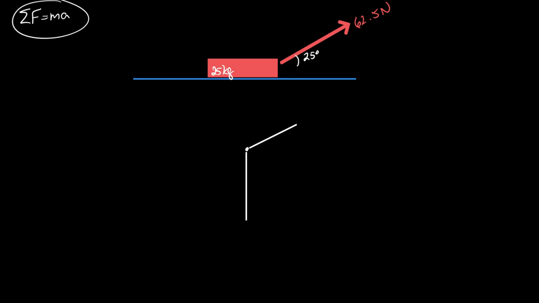So I'm thinking we've got these 4 forces. So normal force, 62.5, friction, and weight. Any question about those choices? All right. I'm going to make this my horizontal direction.